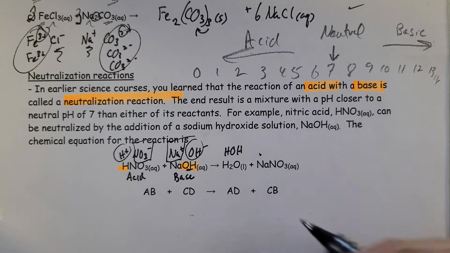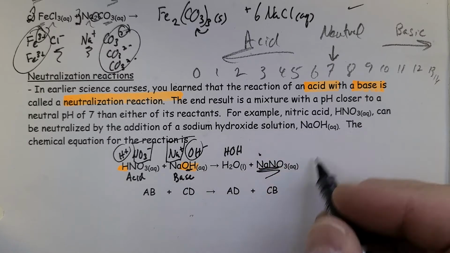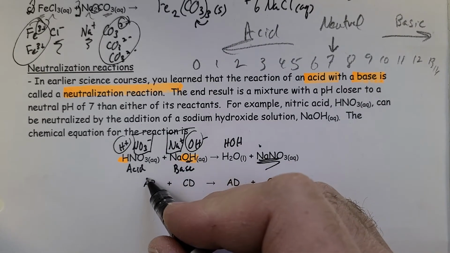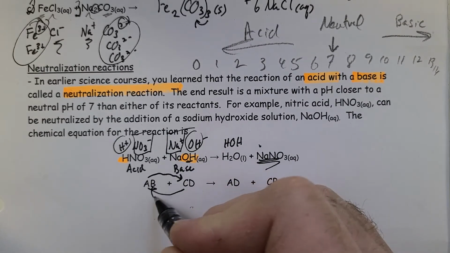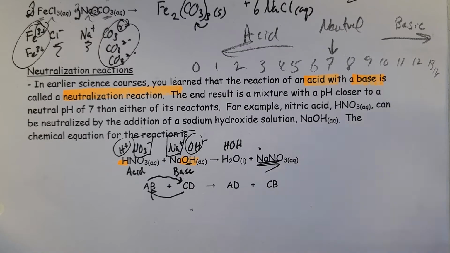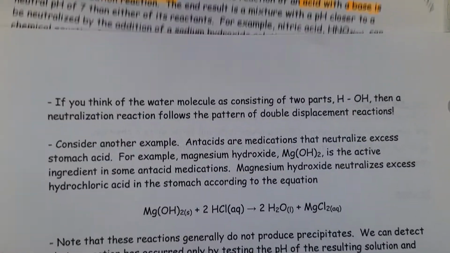And sodium nitrate is a salt or ionic compound. You can see that the solution is neutral here. It has water plus a solid dissolved in it. So it's really the same thing here, except we're dealing with H and OH coming together to neutralize things due to making water and then having that salt or ionic compound.